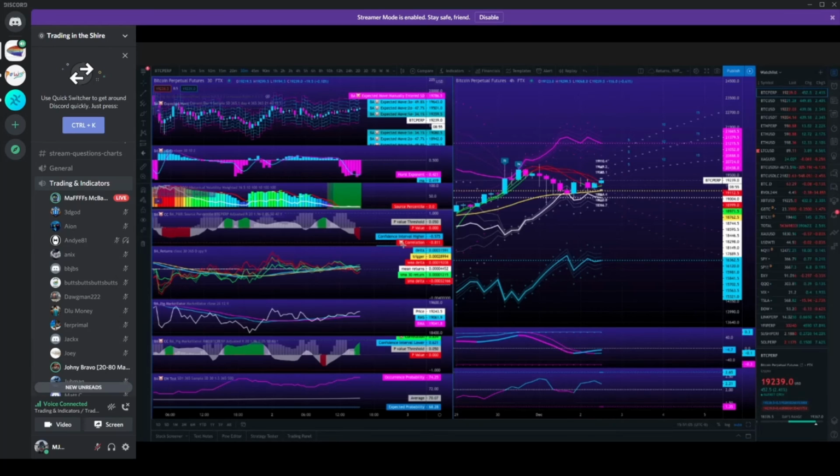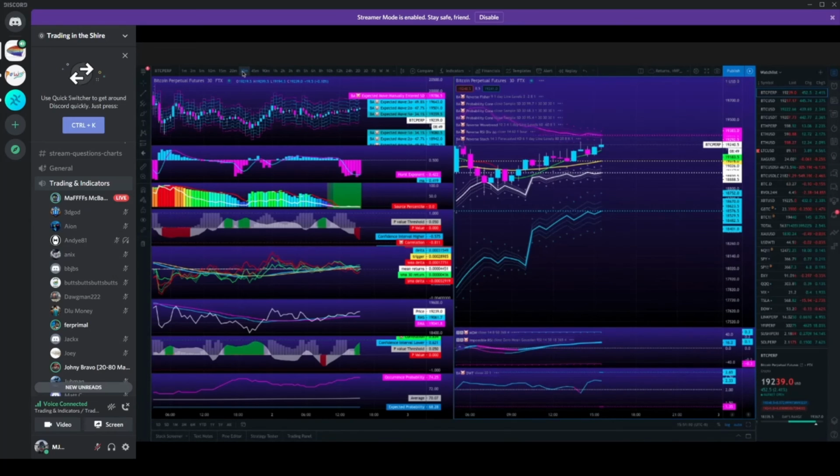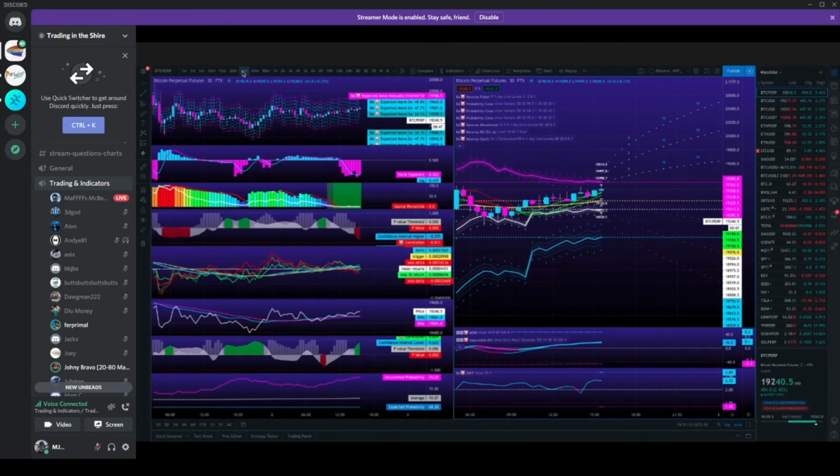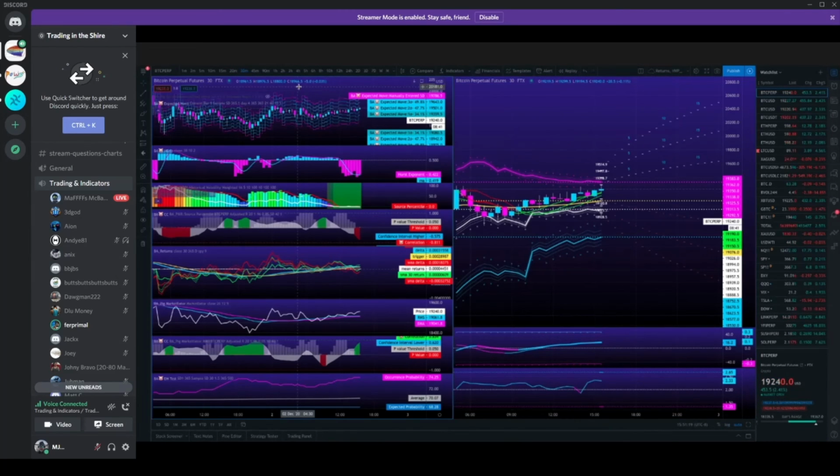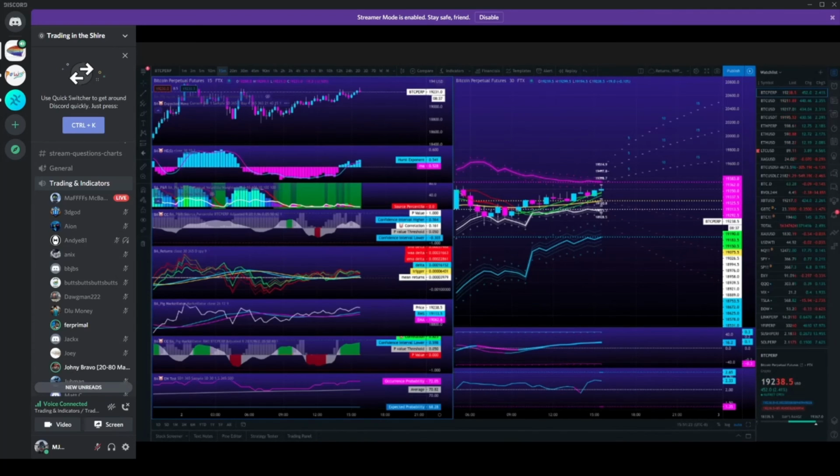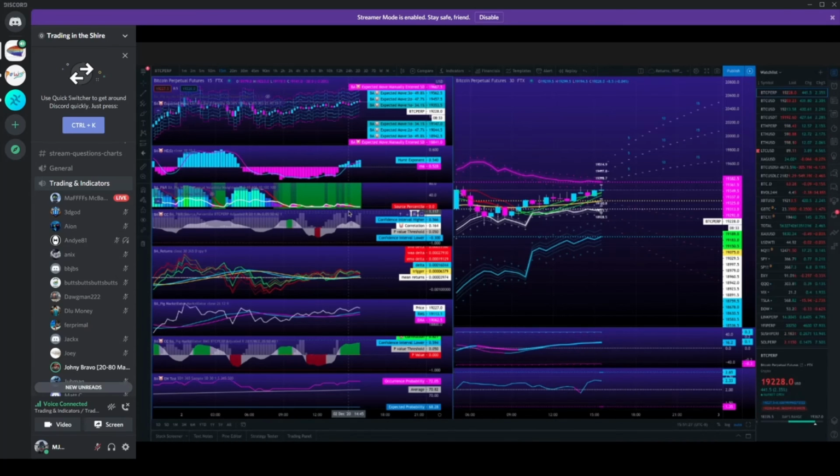That's why we have all these tools. Today, the 15-minute did trick me because it looked like it was going to go lower, and two or three candles later, it just turned up. I should have known better.